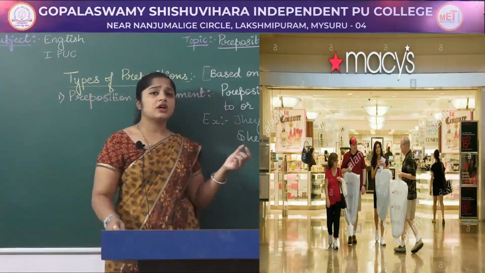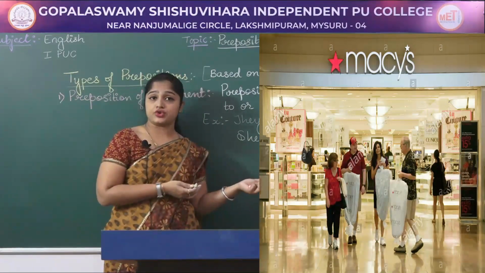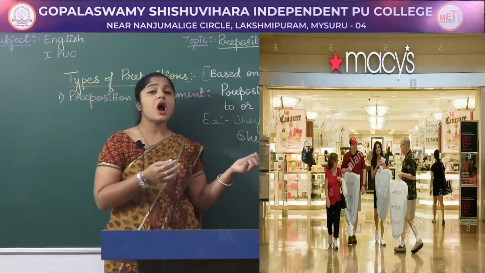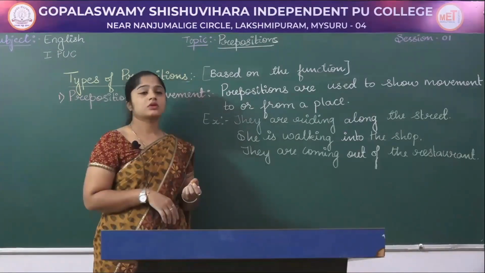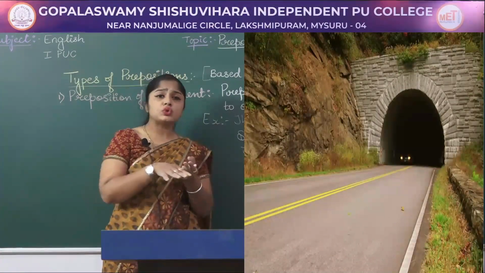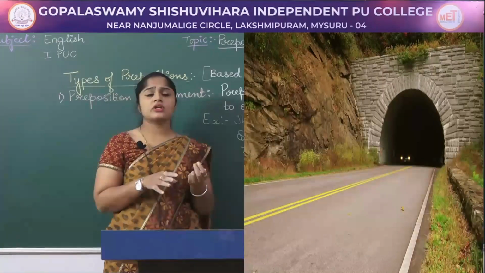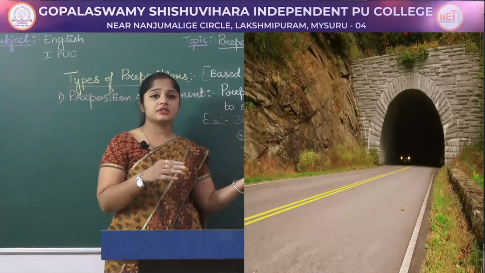Here there is a group of people, they are coming out of the restaurant. Right? So out of is also showing a movement. Next picture. They are driving through the tunnel. Here they are getting in and they are going out in the opposite direction.